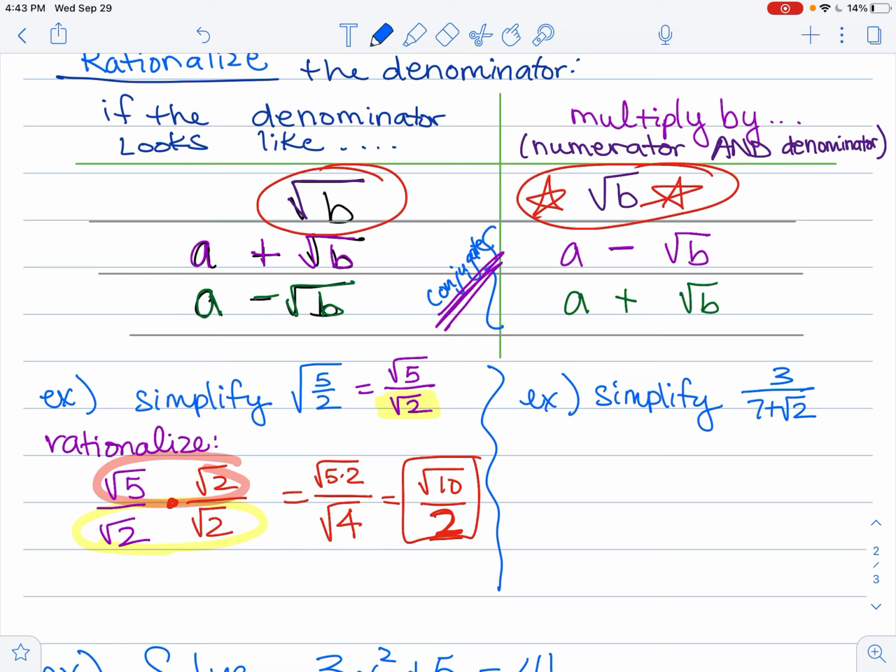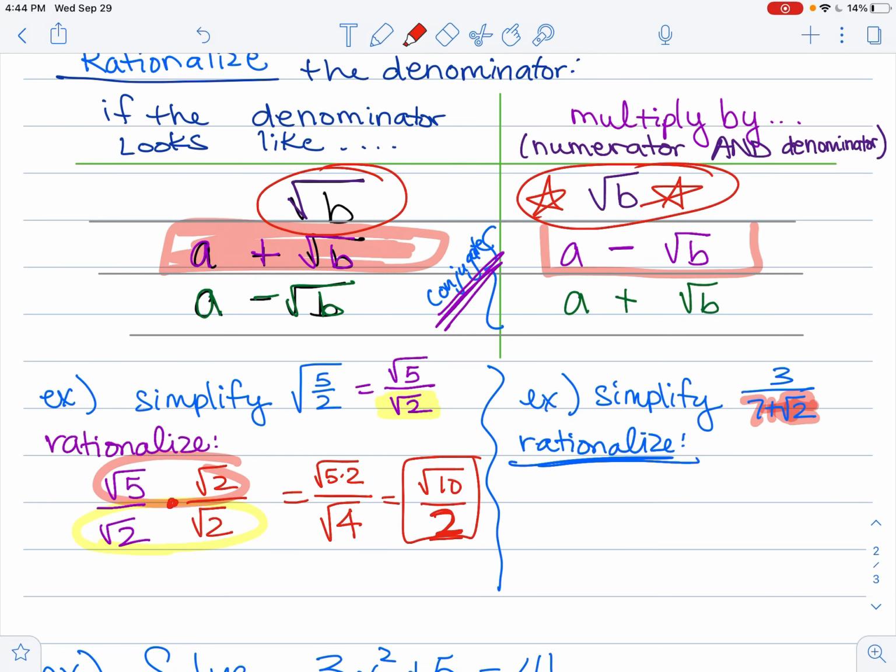So we've got 3 over 7 plus the root of 2. We see that there's this root 2 in the denominator, which violates our rule. So we are going to rationalize. Remember, when we see something that looks like 7 plus the root of 2, we're going to multiply it by its conjugate.